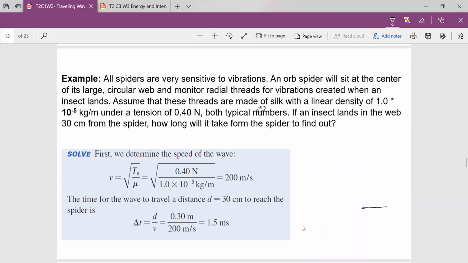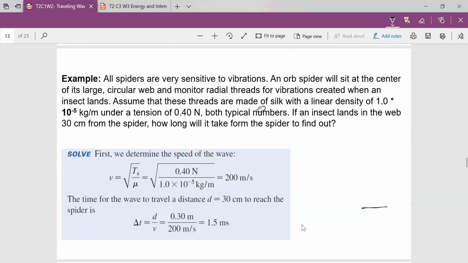Assume that these threads are made of silk with a linear density of 1.0 times 10 to the power minus 5 kilograms per meter under a tension of 0.4 Newton, both typical numbers.